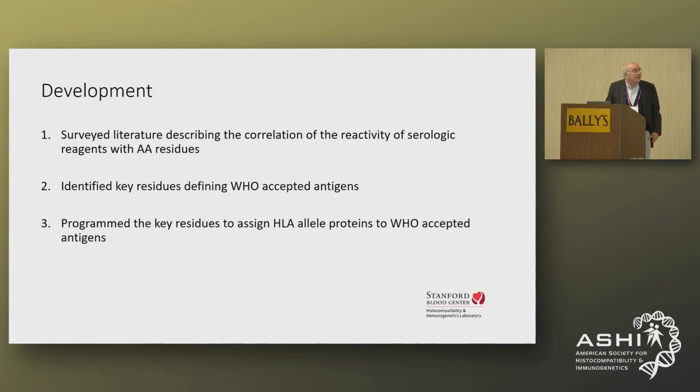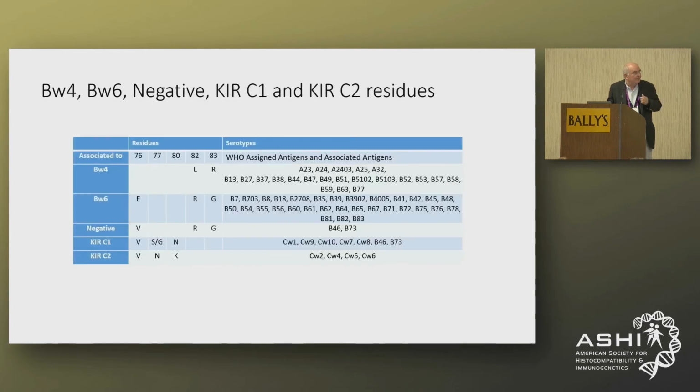And what we did, we went back to the literature and looked at monoclonal antibodies that were published since 1985. We have in the manuscript a number of references and methods on how we identified residues that we use to map the residues that define epitopes. And this could be used in combination to define WHO-accepted antigens, and we actually wrote a program for that.